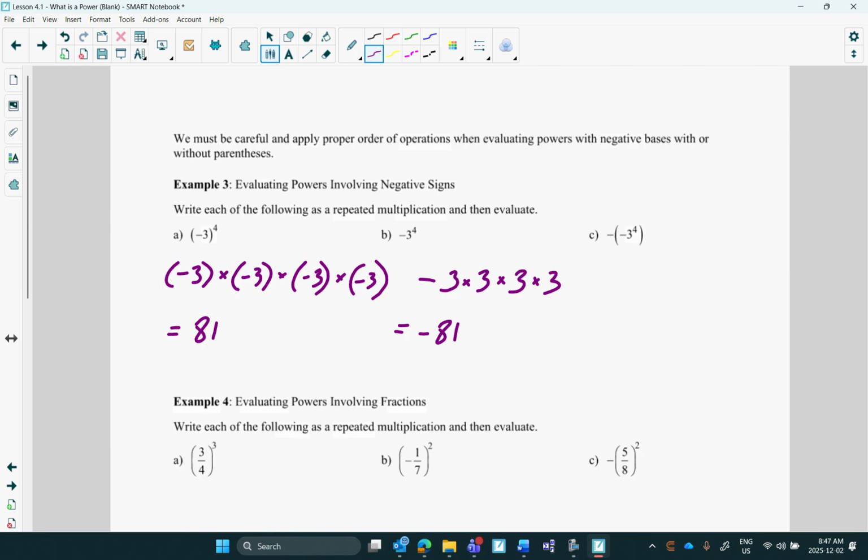Parentheses matter. You know, so like if I said, what's this one? -5 squared is positive 25, what's this one? Negative 25. Okay? Parentheses matter.